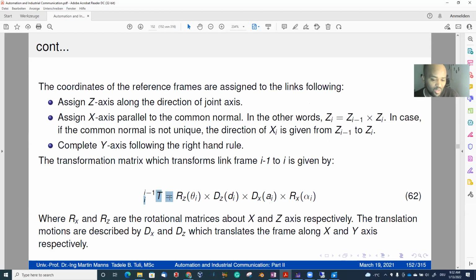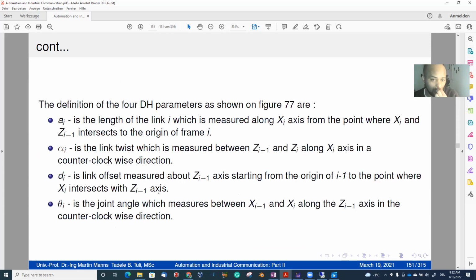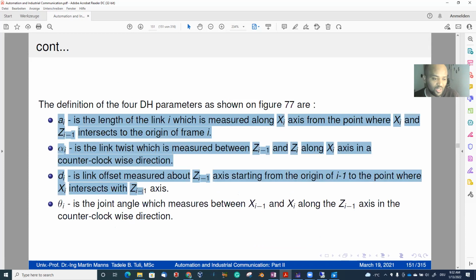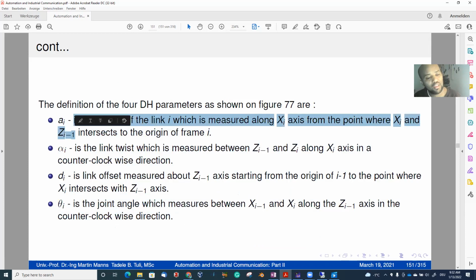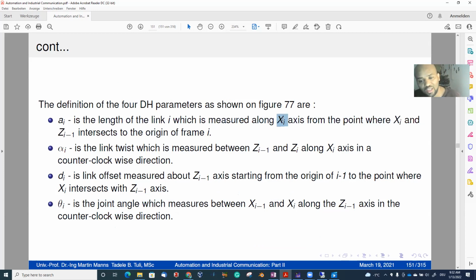Just for example, to mention it, there is a definition of these four variables. Again, let me repeat. ai is the length of the link i, which is measured along xi.